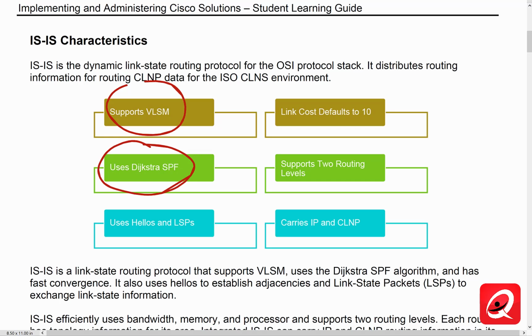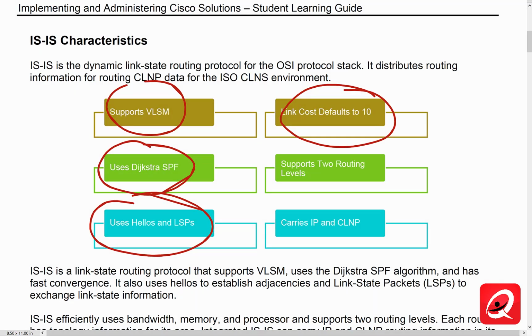That's Edsger Dijkstra, the gentleman that came up with the shortest path first concept. Not specific to routing, but it was adapted to routing. We do use hellos. We use link state packets to exchange information. We don't get into the specific message types too much in this class, but in some of the other advanced routing classes, we do tend to get into a little bit more detail about the overall concept of message types, and there are multiple message types that are available.